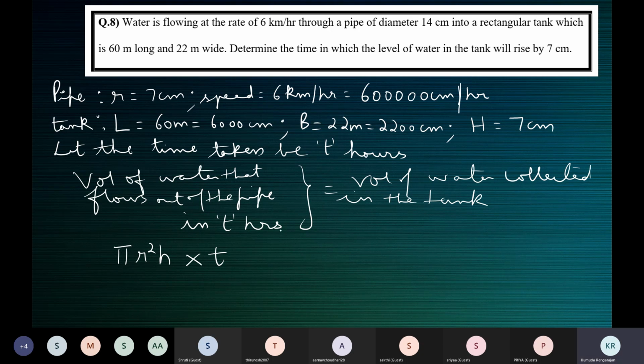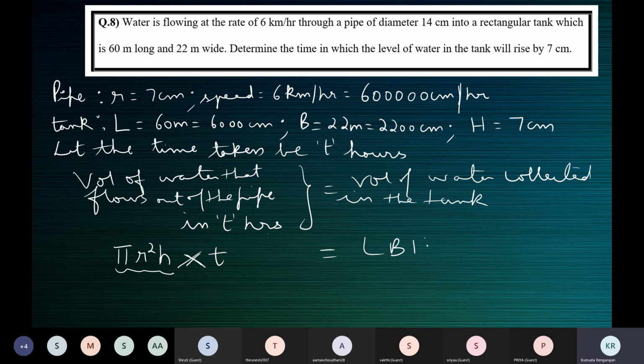You don't know whether you're keeping it open for 2 hours, 3 hours, how many hours. So if you're keeping it open for T hours, in 1 hour this volume of water comes out, in T hours into T. Like 1 hour pi r square h, 2 hours into 2, 3 hours into 3. So in T hours it will be into T, equal to LBH.